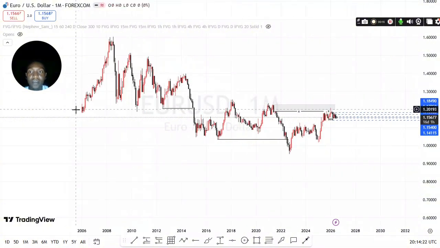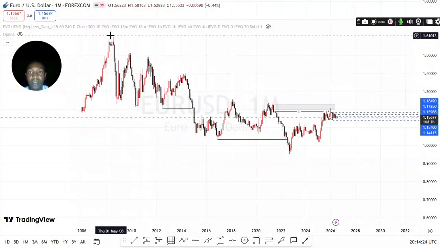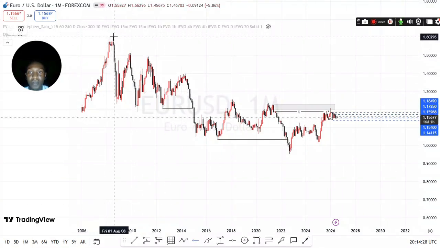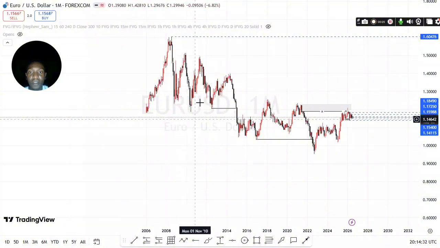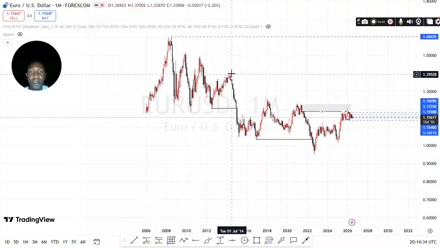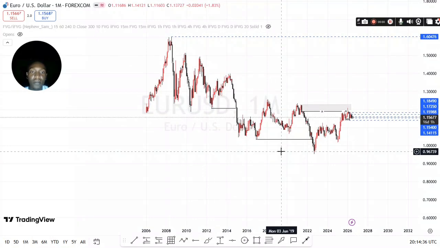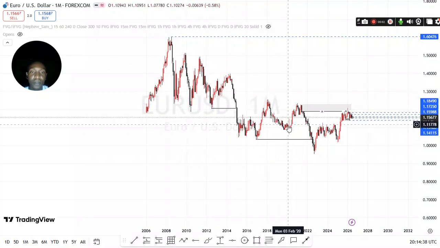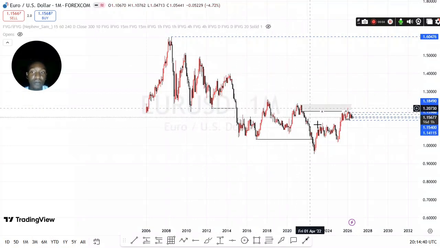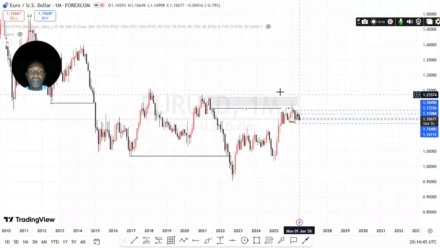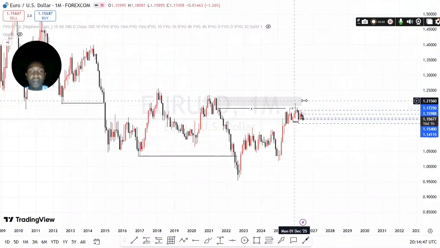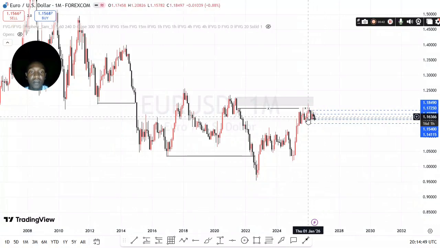You can see that since it got to this point, it has been extremely bearish, forming lower highs and lower lows, lower highs, lower lows. It has gotten to this point now, and we are expecting a lower low, something like this.